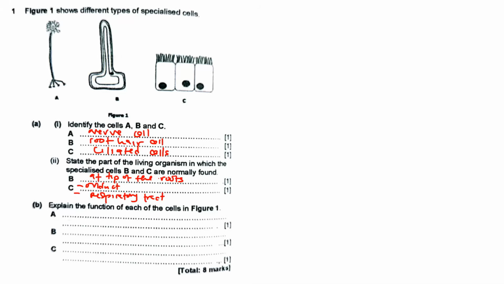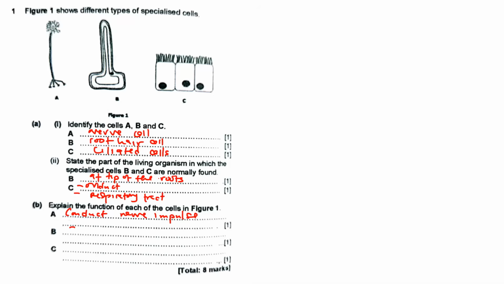Explain the function of the cell in figure 1. What are the functions? So the function of the first one is just conduct nerve impulse. Then what about cell B?